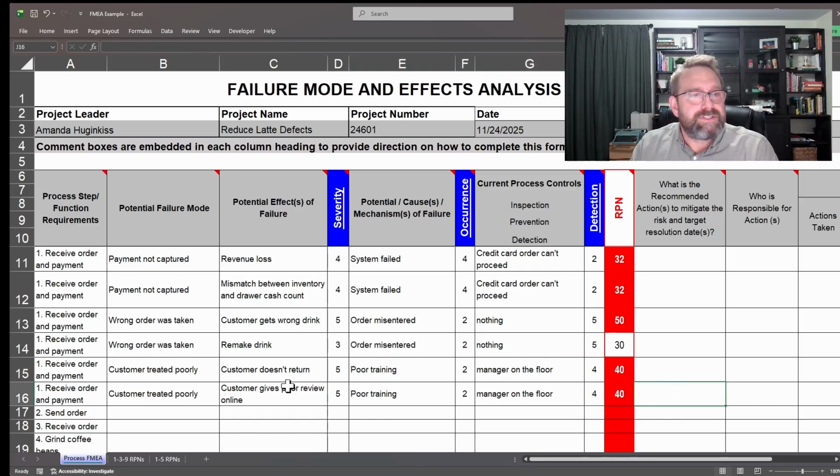So there's a case where we've got one failure mode giving us 80 points on our RPN, and this one failure mode's giving us also 80 points. So if we can solve this problem, we're solving for these two RPNs. It's very interesting.